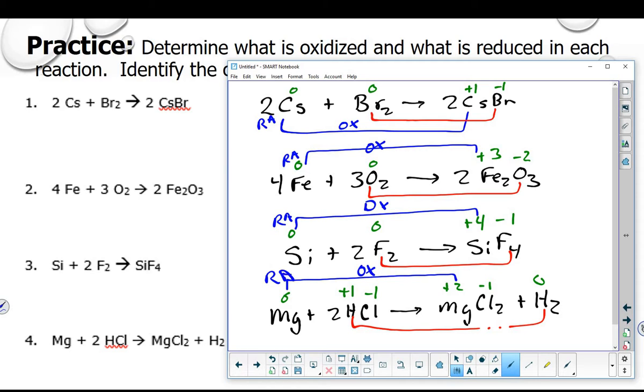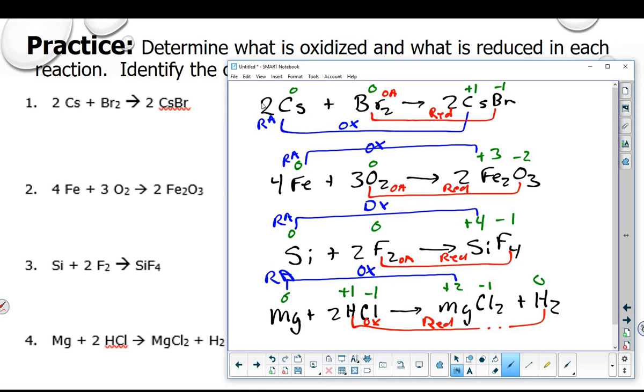That leaves the reds to be what? Reduced and my oxidizing agent, right? So oxidizing agent and it is reduced. Oxidizing agent and it is reduced. Okay, so you should be able to do that with any equation that I give you.